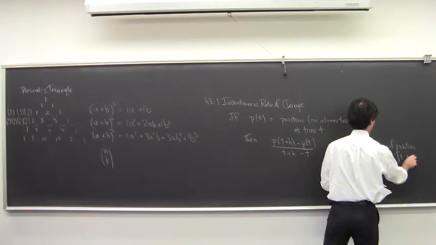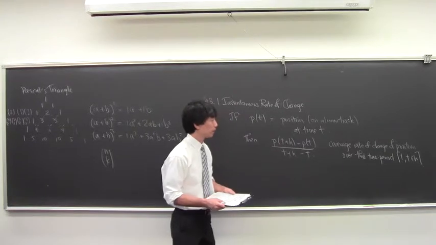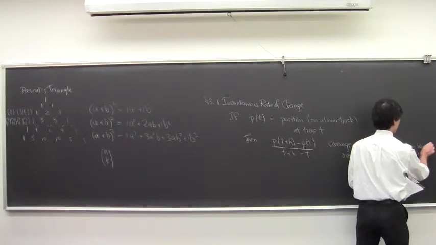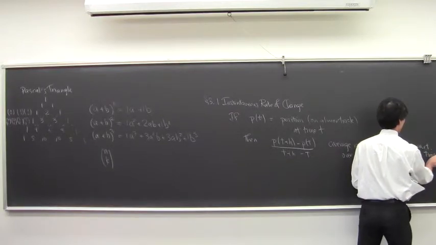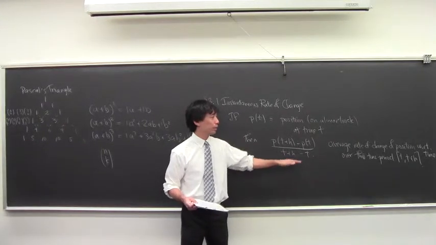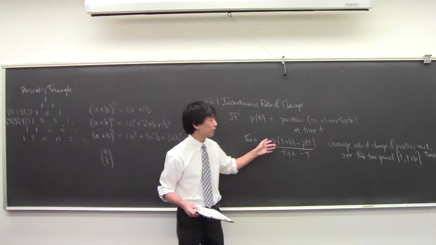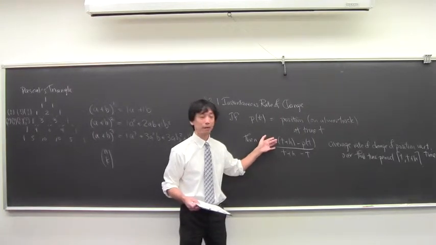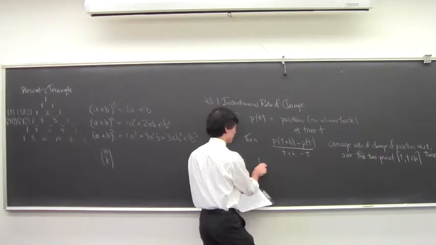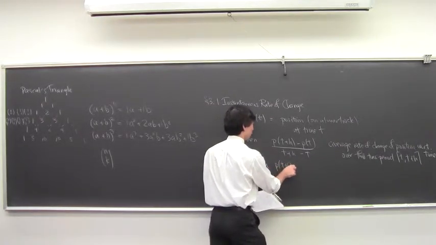T plus h. The average rate of change of position with respect to time, so the change of position with respect to time over this time period. So it's the average speed over the time period, and then we did this thing taking the limit as h goes to 0 of this thing.